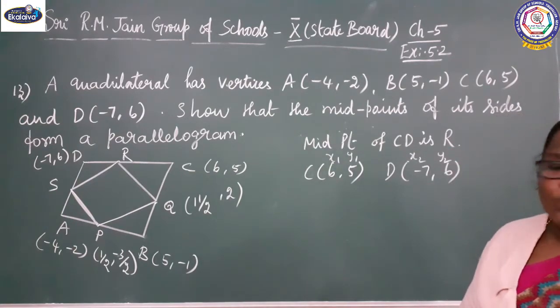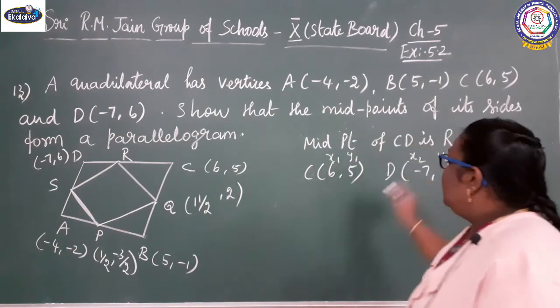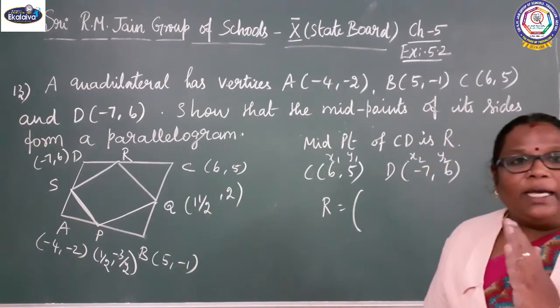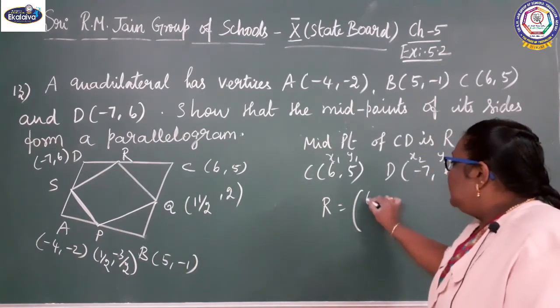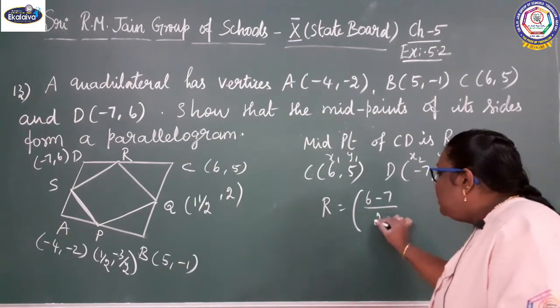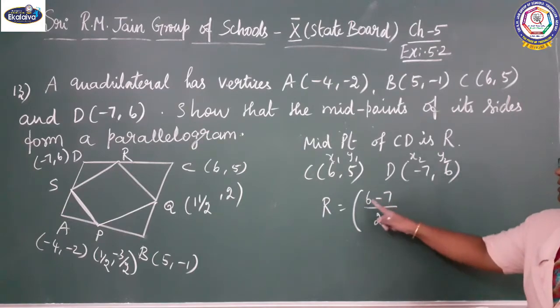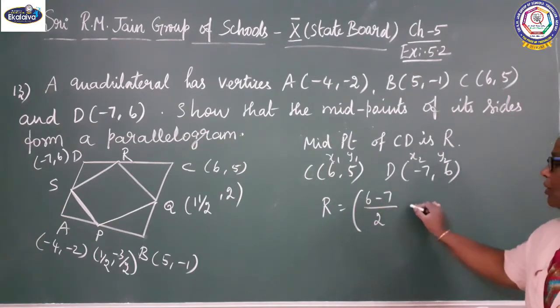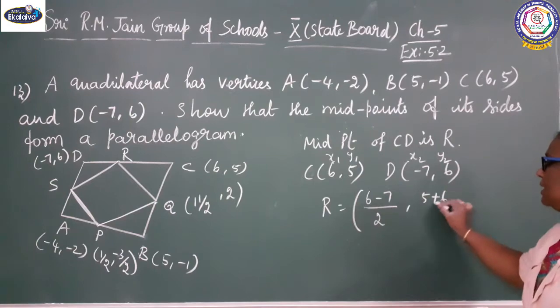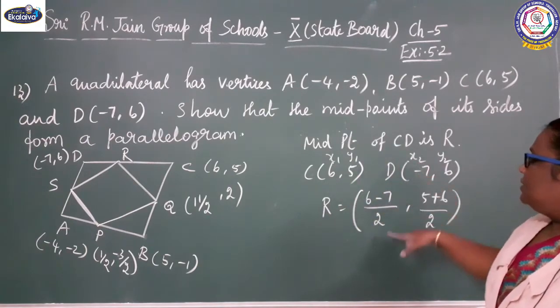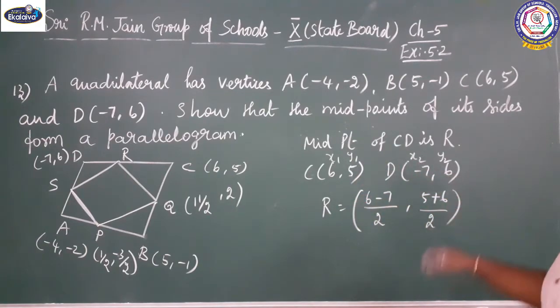So R equals x1 plus x2 by 2, that is 6 minus 7 by 2 comma 5 plus 6 by 2.